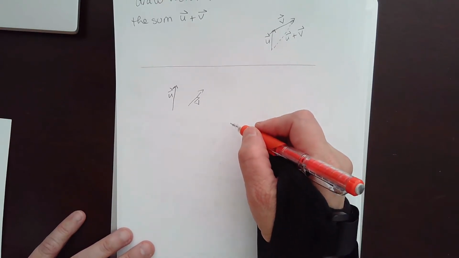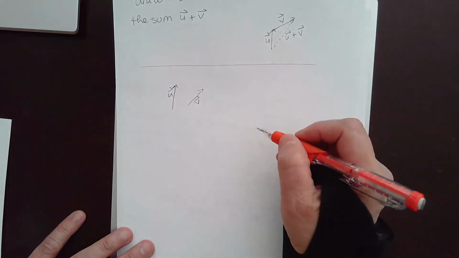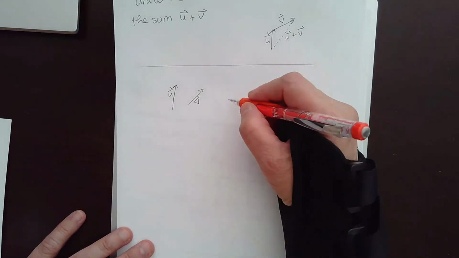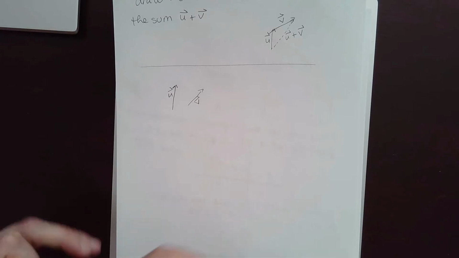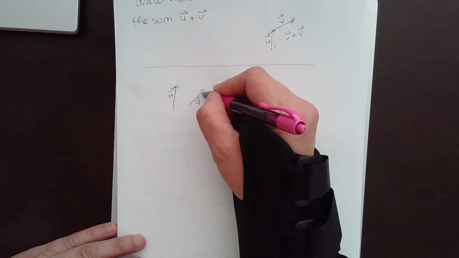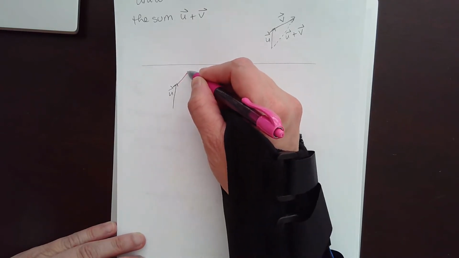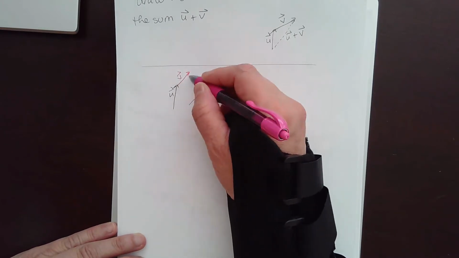Well, to add them, what do you have to do? You have to draw vector V starting at the end of U. So this is what you would do. So this is vector U. This is V. You will go in the same parallel with the same length. It's parallel to vector V and it has the same length.